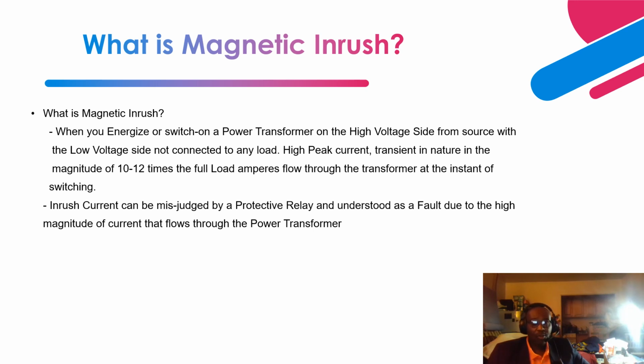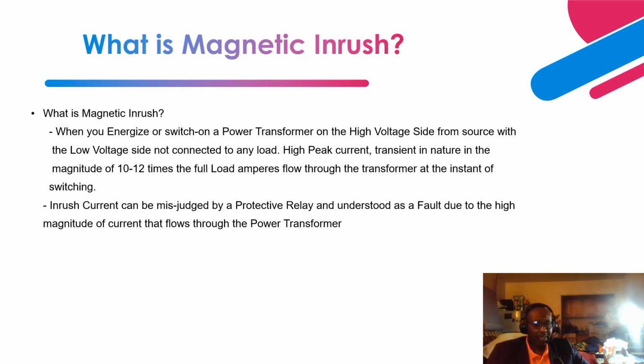As soon as you energize the transformer, you will see a very high peak current, which is transient in nature and has higher order frequencies, with a magnitude of about 10 to 12 times the full load amperage. That will flow through the transformer at the instant of switching, with the secondary side open circuited and not connected to any load.